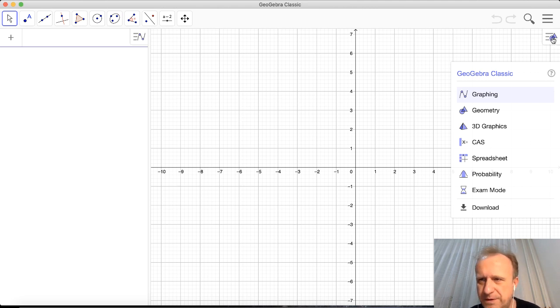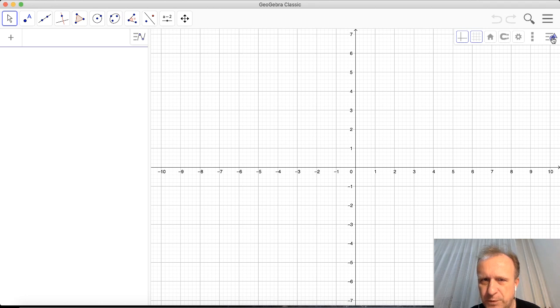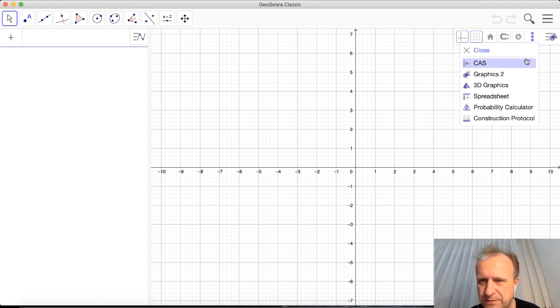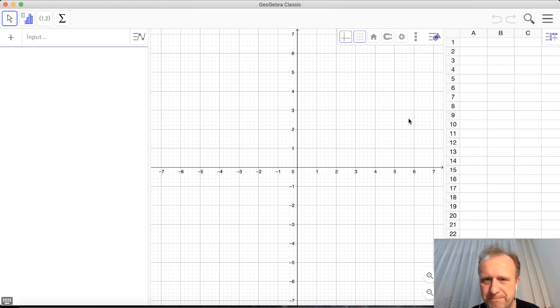What I need is to add a table view, or spreadsheet view, to this window. So I will just choose spreadsheet like this. Now I have the algebraic view, this is the graphing view, and this is the spreadsheet view.